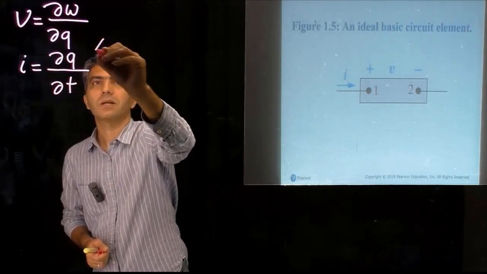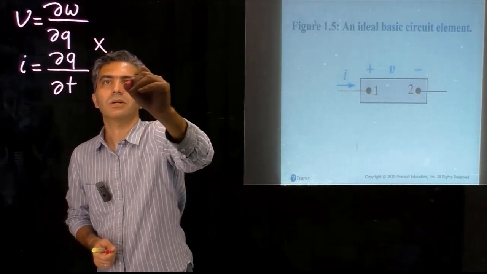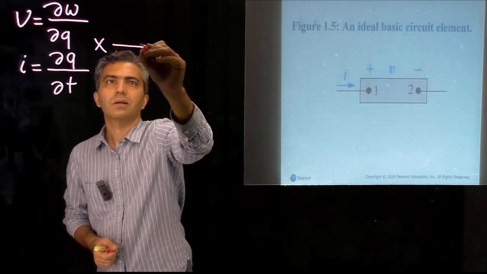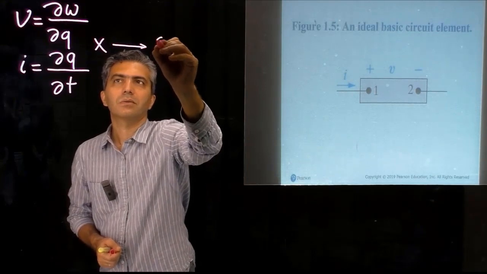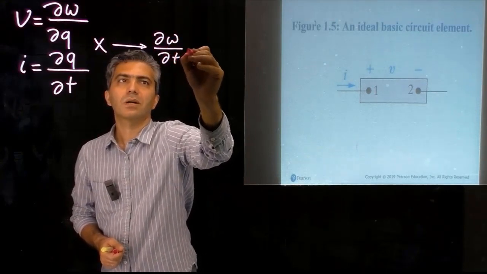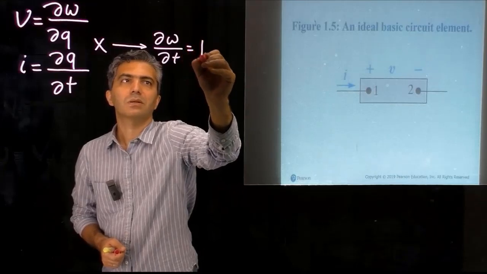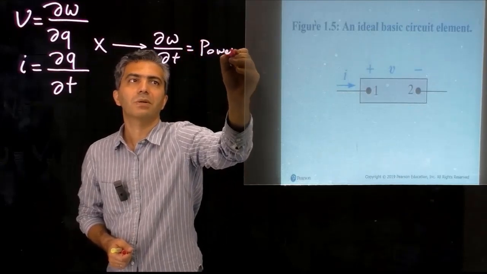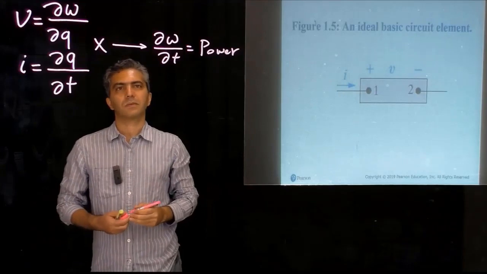And we said if you take these two and multiply them by each other, you get as a result the derivative of energy with respect to time, which is by definition power. Okay?